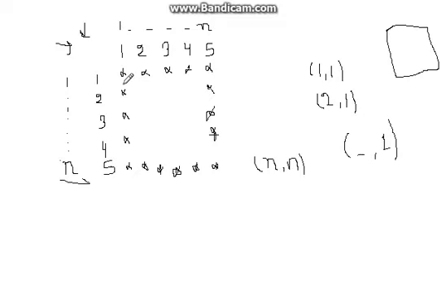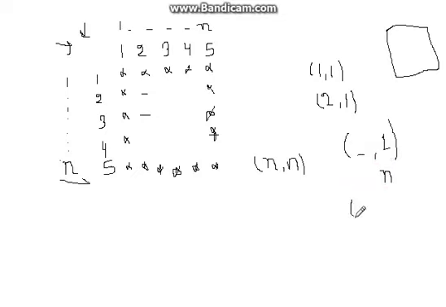We have taken two variables, i and j, and when the value of j is 1, we have to print a star. If the value of j is not equal to 1, then we have to print an empty space.